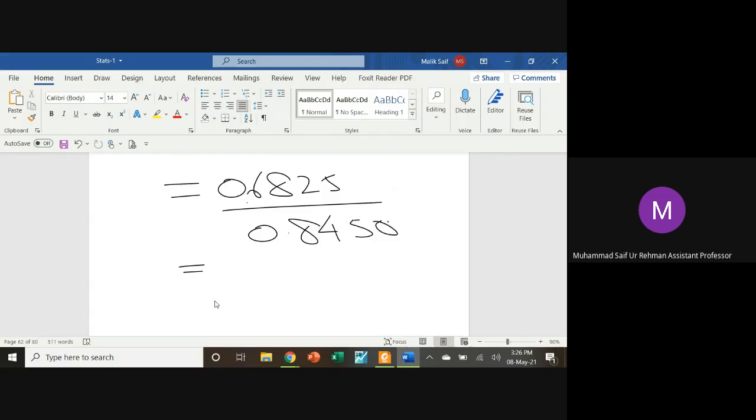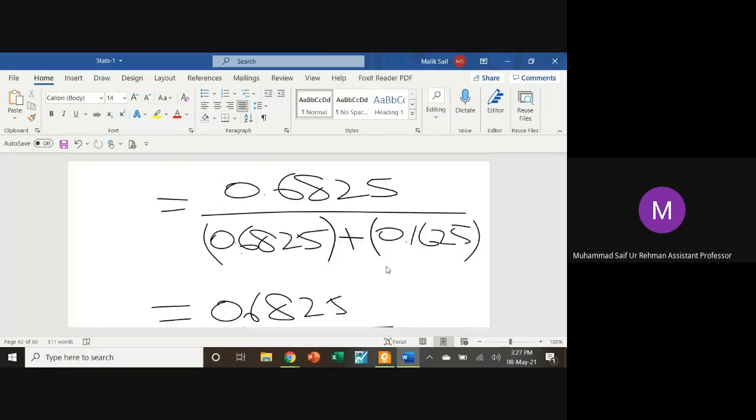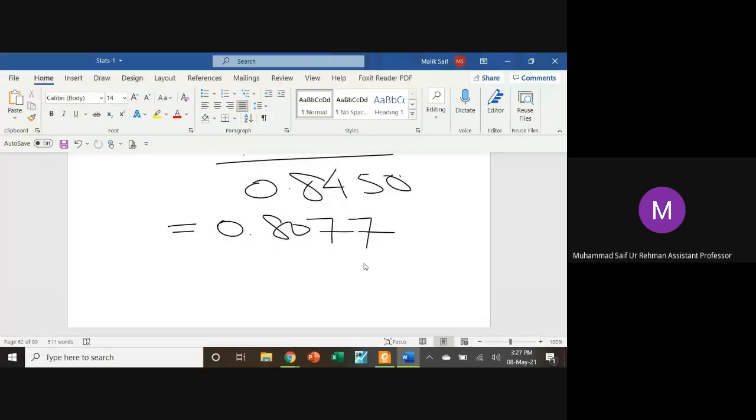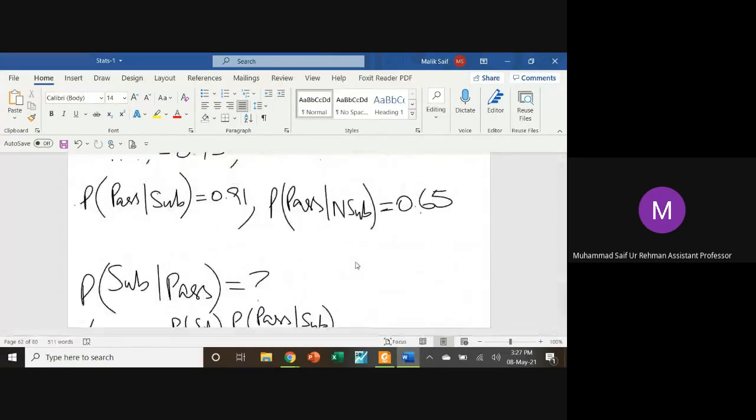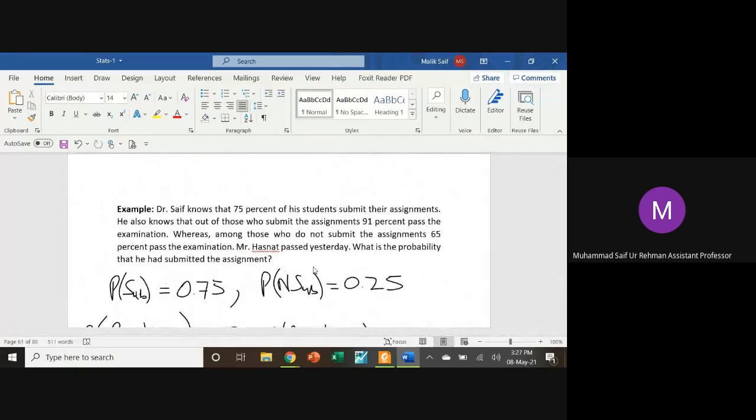So when you round it off up to 4 decimal places, you will have 0.8077. So you can say that 80.77% are the chances that Mr. Hasnath, who passed the examination, had submitted the assignment. Good chances. Fine.